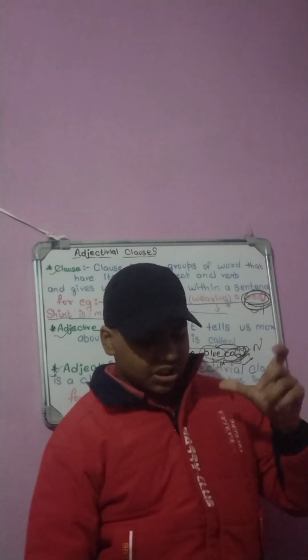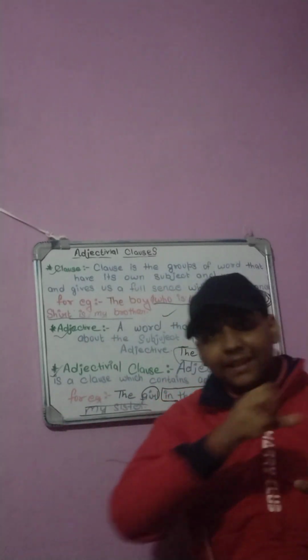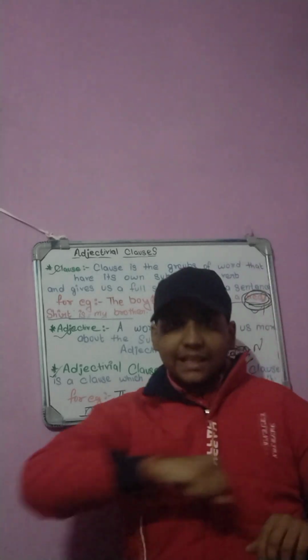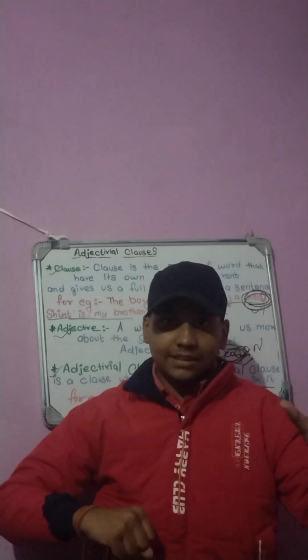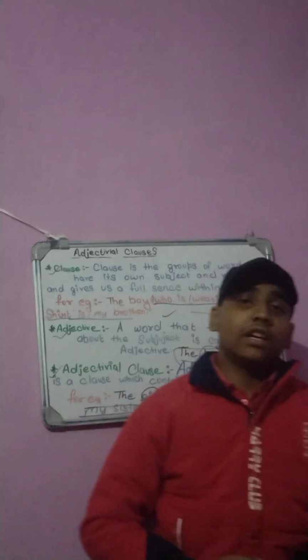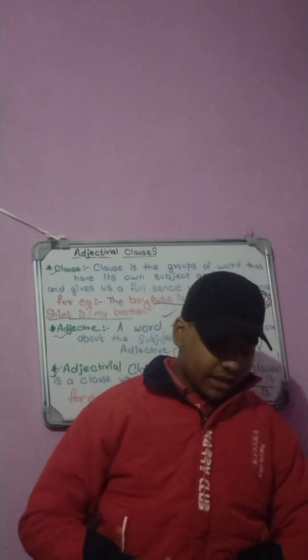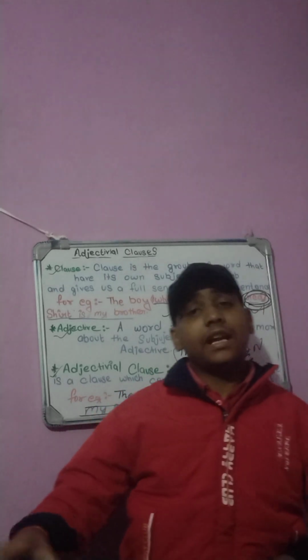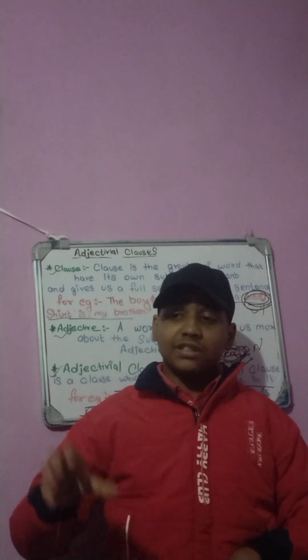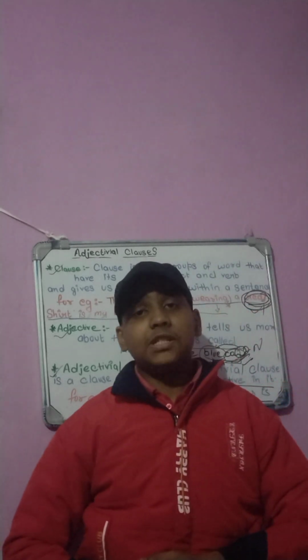If we omit that clause from the sentence, and the sentence changes its meaning totally, then we can say that it is a defining adjectival clause, because it is defining something, and only then does the meaning of the sentence change.